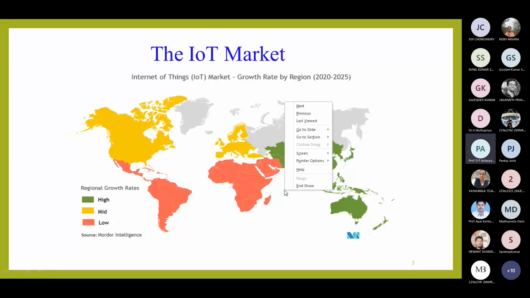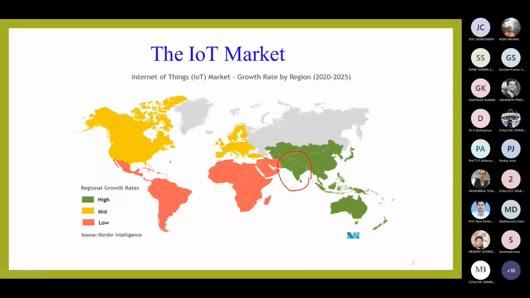So this is the first driving force behind why we should concentrate upon IoT. If you see, the growth is very low in these regions. These are the African regions. In the South American regions, the growth is high. Other places are mid. Maximum growth is in this region, and we totally fall into that region.